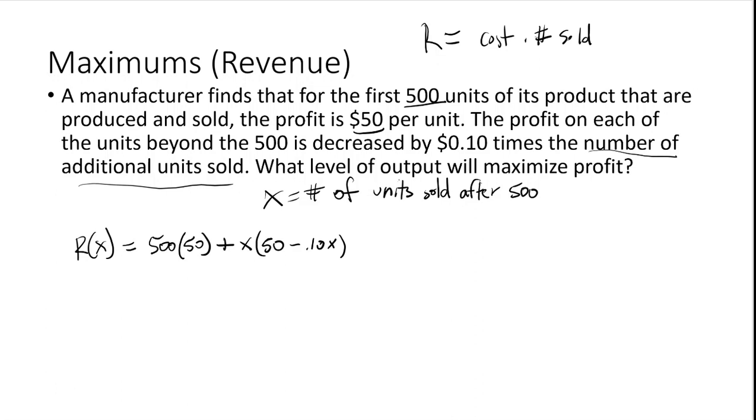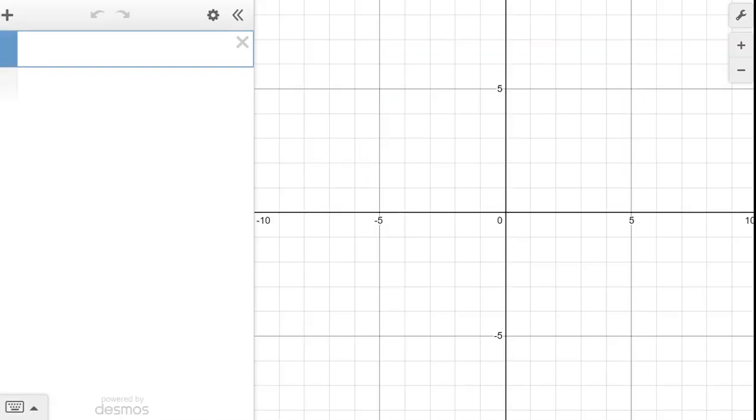Okay, now think about what this means. This here is what you're already making, and then this here is going to be your parabola. This is going to be a quadratic that has a maximum. Now graphically, we can actually write this in.